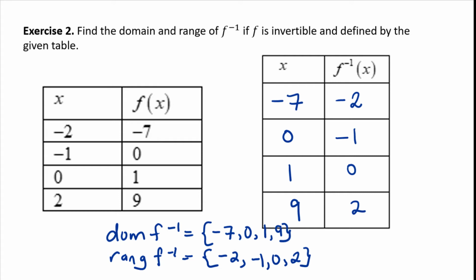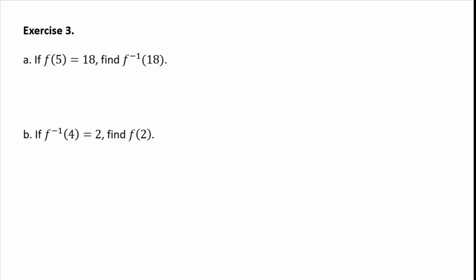Again, for an invertible function, the domain and range just switch. Part A. If f of 5 equals 18, find f inverse of 18. For the inverse, the domain and the range switch, so f inverse of 18 will be the input value of the function, which is 5.